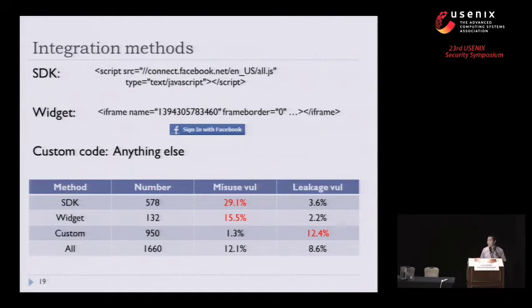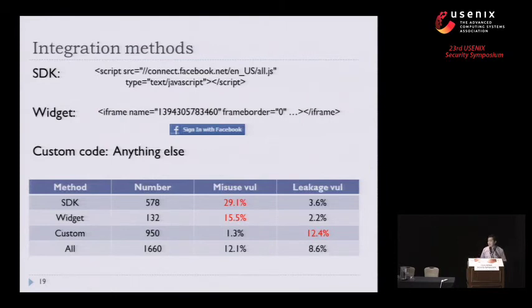We think this happens because SDKs and widgets automatically expose the access token and signed request to the application's backend server without doing any validation on the client side. And for custom code, the default way of passing the OAuth credential back to the application server is to append it either as a document fragment or a URL query parameter.